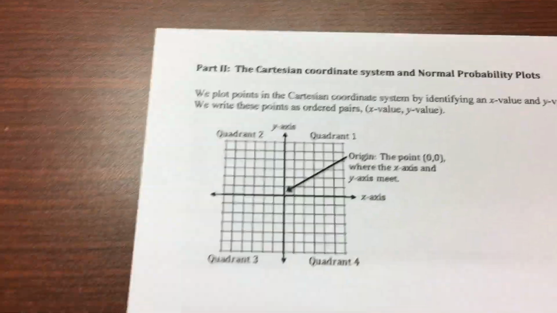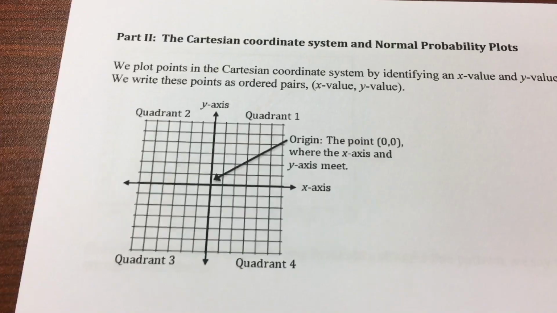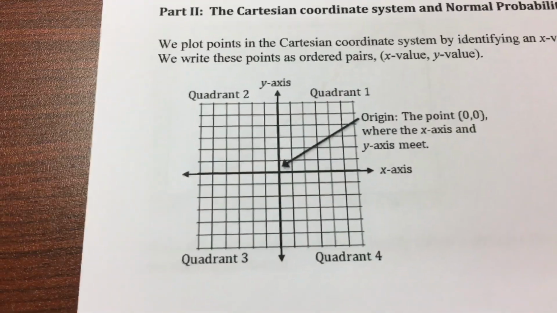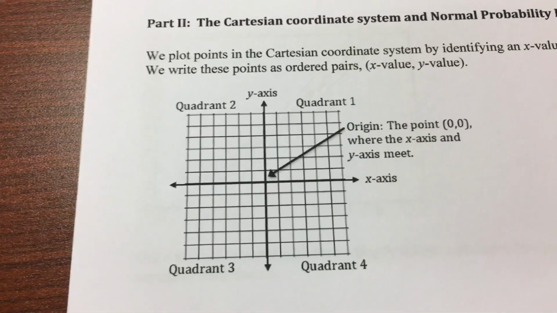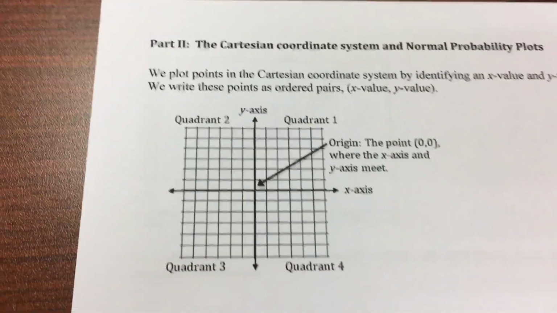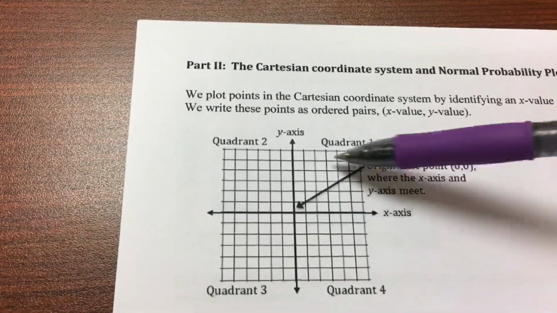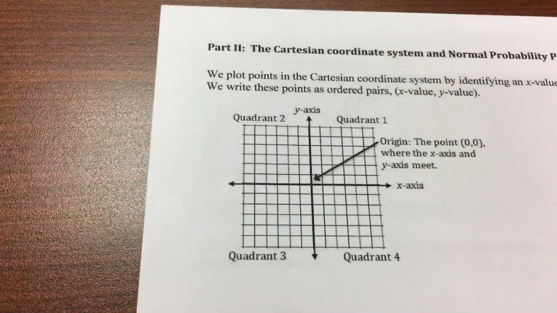Okay. Now, the last thing is they kind of review plotting points because we're going to be dealing with linear regression. And notice they review your x and y axis, your origin. They tell you that when you're looking at these, this section right here is called quadrant 1, this is quadrant 2, quadrant 3, quadrant 4.